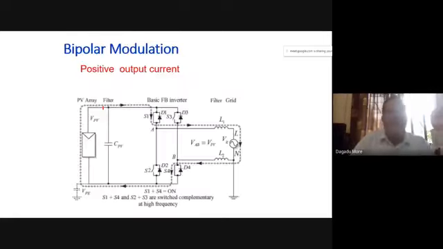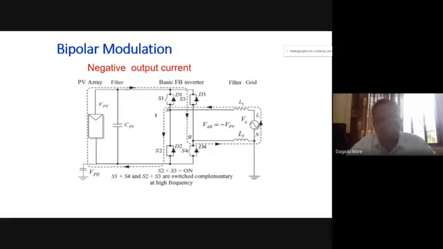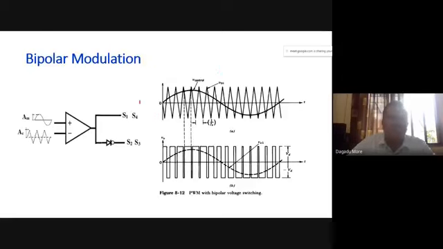And what is meant by bipolar? If you go to this diagram first, our inverter has names given. I will try to sketch the figure of the inverter here, representing just the switches.